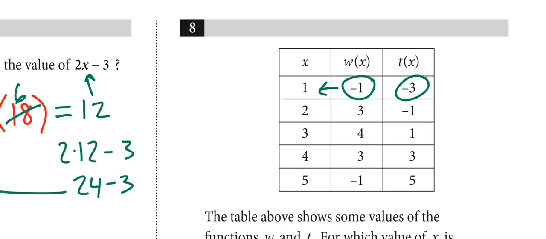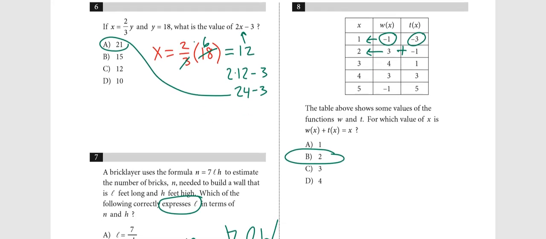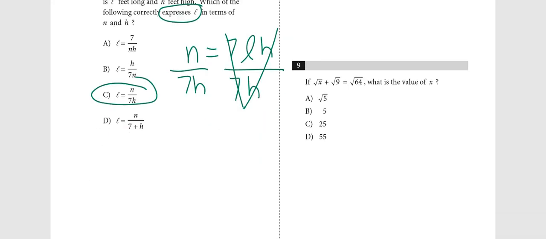And if I don't get the original x value, that's not the answer choice you are looking for. So if you add those two things together and you end up with the original x you started with, ding, ding, ding, that's the one. I know sometimes they word things in an unusual way, maybe you haven't seen before, but it really is that easy, and it's not intended to be hard. At least not too hard.